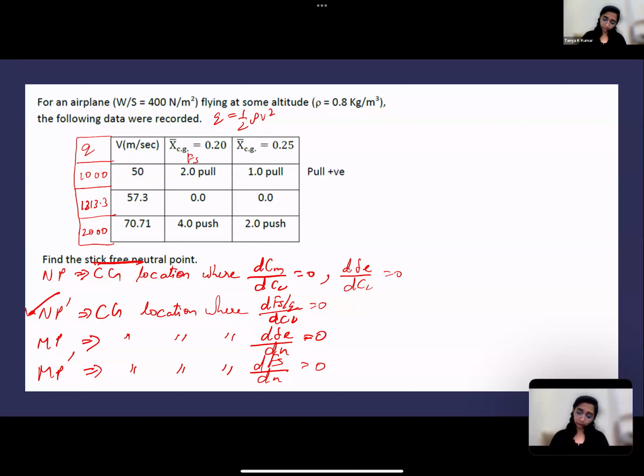Suppose this is Fs for the first condition, this is Fs for the second condition. Pull is positive, so therefore push is negative. How do we proceed? What do we do next?